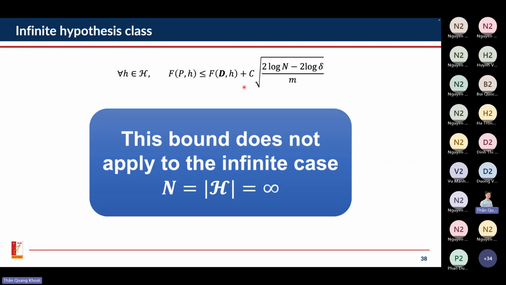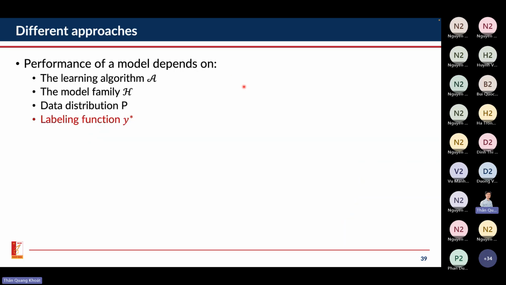And how to work with this? Because for most models in practice, the number of members can be infinite. For example, the weights are real numbers, and it means that the model family should contain an infinite number of members. But it leads the problem to be very complex if we want to analyze generalization. And up to now, there are many different approaches.